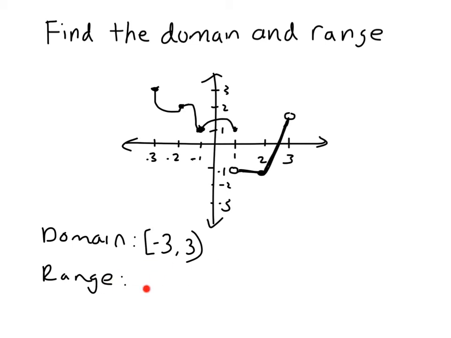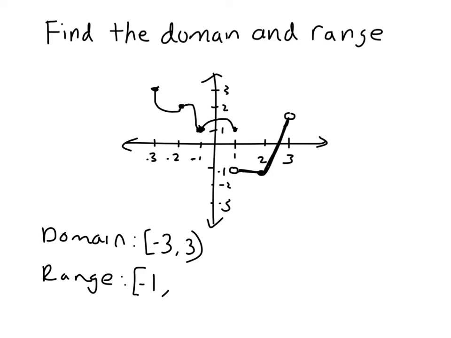Alright, so now let's talk about the range. Here in the range, we're looking in this direction, and so I always start on the negative side. What's the lowest the range becomes? I see here the range is at lowest -1. But it goes straight across at -1, so even though this one is not included here, this point is still -1, so y does actually take on -1, so we do include -1.